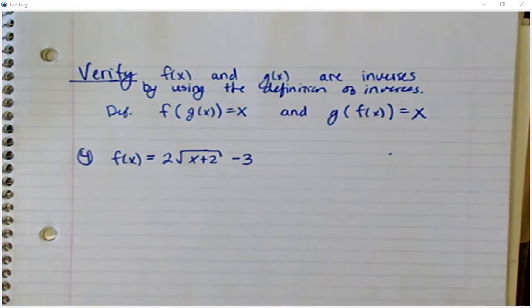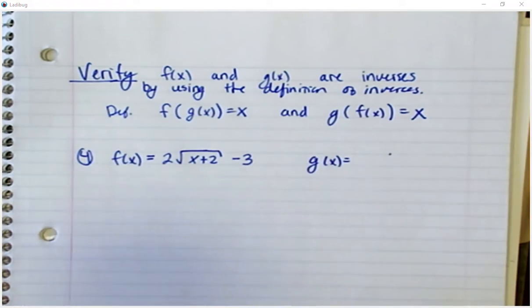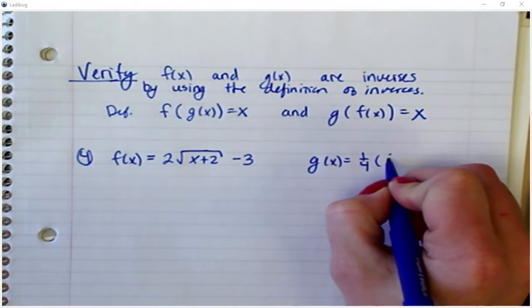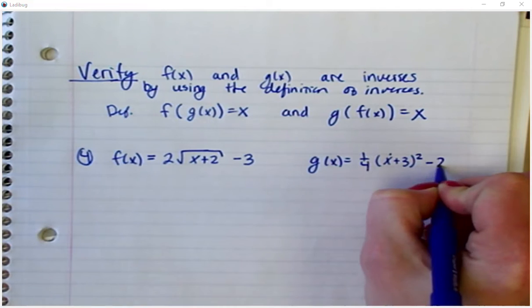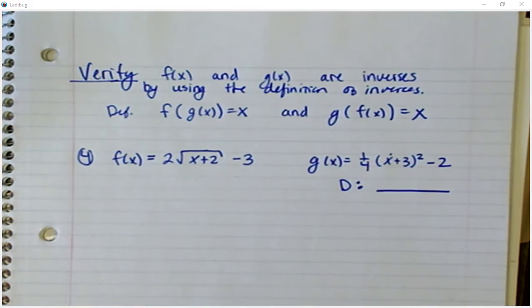Okay, so I've got A, H, and K. And I'm going to give you G: 1/4 x plus 3 squared minus 2. But I'm going to need to restrict that domain, because otherwise they're not a match.